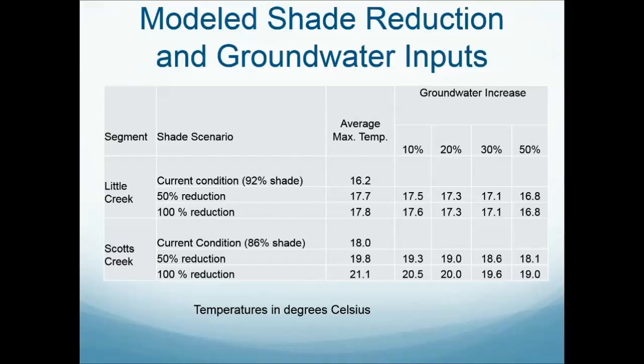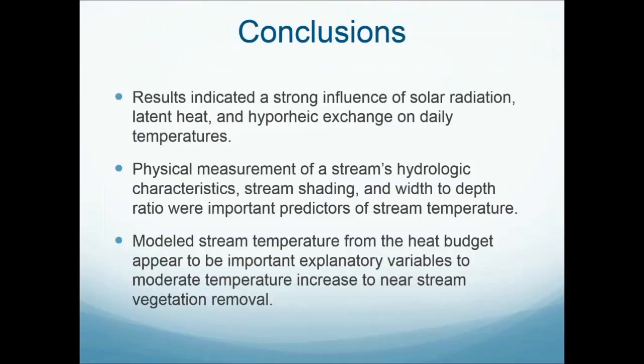But with changes in stream flow and increases in groundwater, what the model was saying is that the water temperature would be lowered. So ultimately what this was telling us is that if you were to do some sort of restoration and you did have some change in the stream flow and you also had these hydrologic characteristics going on, then potentially you would have a much lower risk of downstream temperature effects.